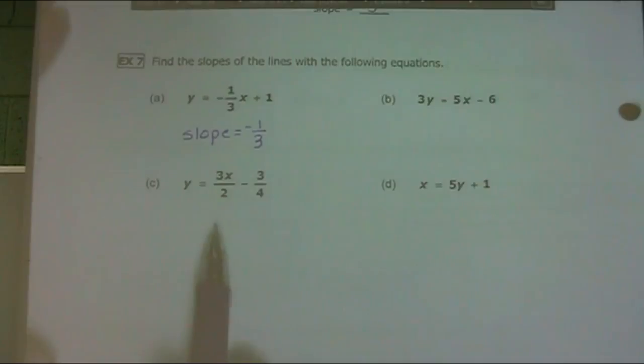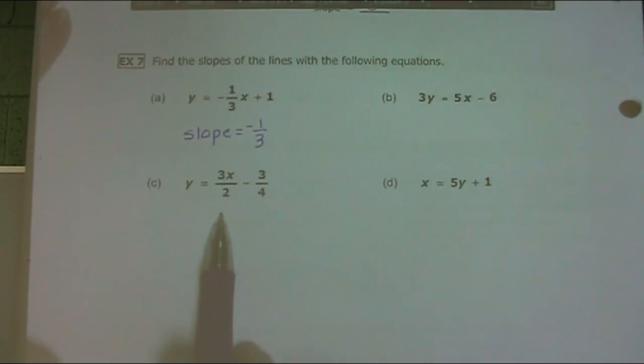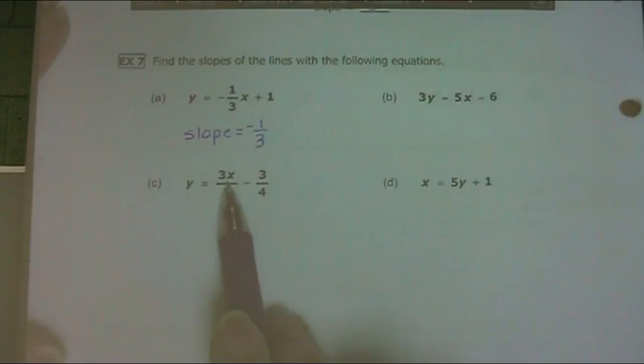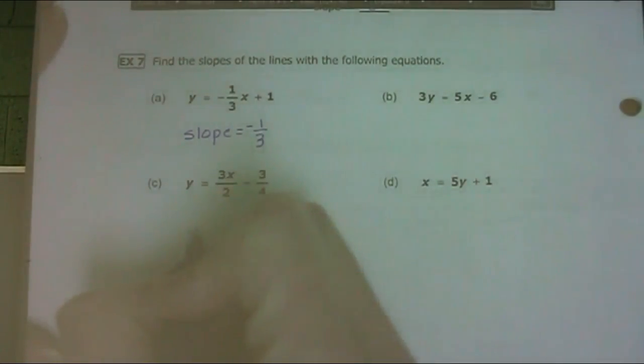Let's go down here to C. C is also in slope-intercept form. It's just that instead of having the x next to its coefficient, it's in the numerator with the 3 of the coefficient. It still works the same way. The coefficient of x is 3 over 2, so the slope is 3 over 2.